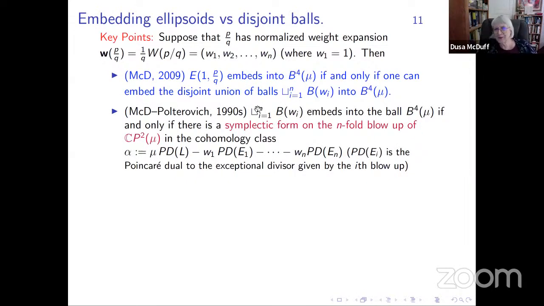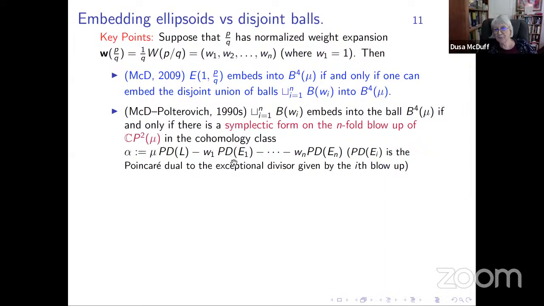Now, the point about this is that I'd worked with Polterovich in the 90s, and we know when you can embed a bunch of balls into another ball, because that's connected to the problem of symplectic blowing up. So we know that you can embed these balls into the big ball if there's a symplectic form on the n-fold blow up of CP2 in a particular cohomology class. So the line has got size mu, that's the size of the line in this projective space.